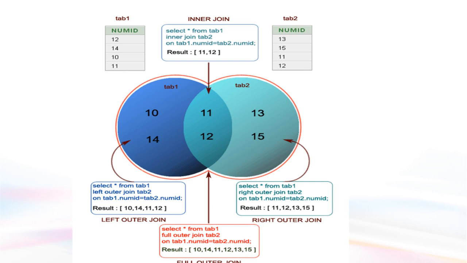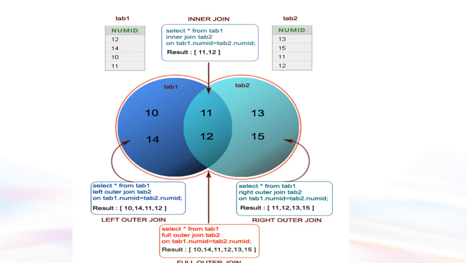Now, first let us discuss the inner join. Inner join is nothing but just like an intersection. Intersection means it will display the common records between the two tables. For example, in table 1 we have 10, 11, 12 and 14.